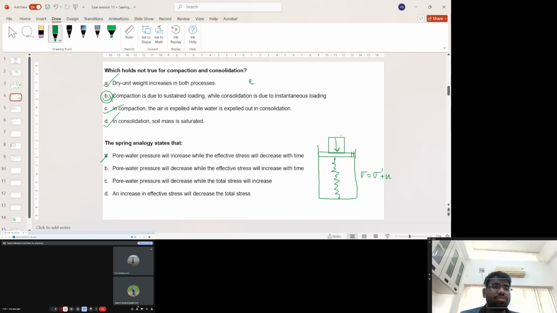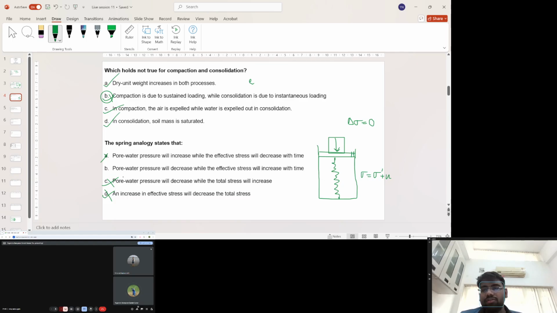That means its magnitude should not change. Hence, the change in total stress will be 0. Please listen carefully: the change in total stress will be 0 during the process. And hence, this option is also wrong, and the option that total stress changes is also not right.